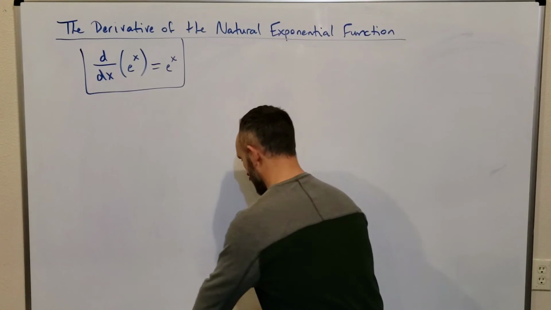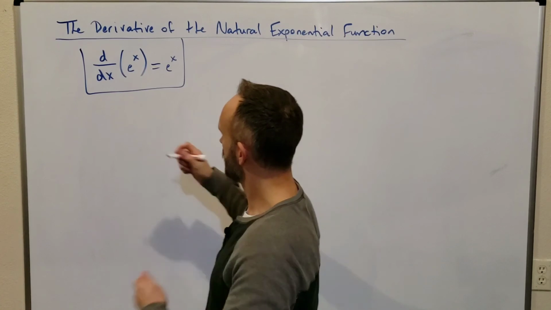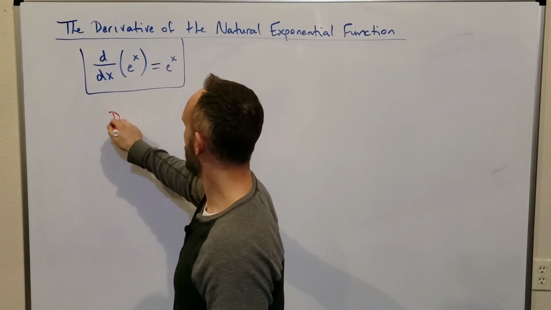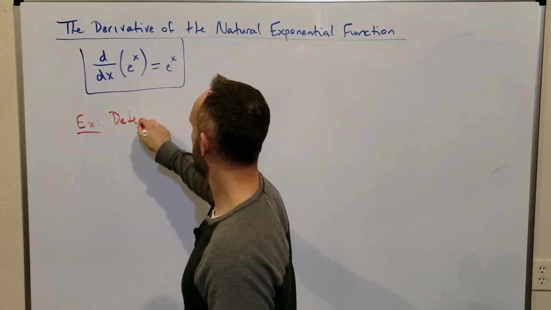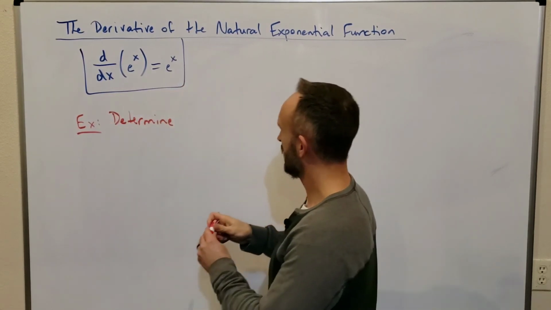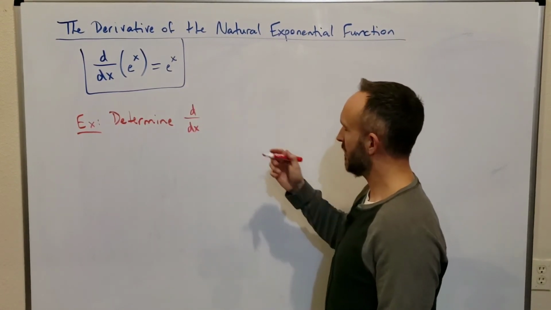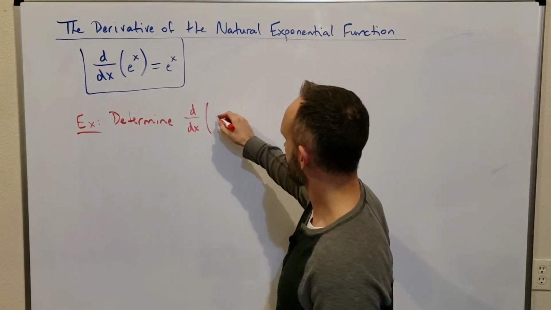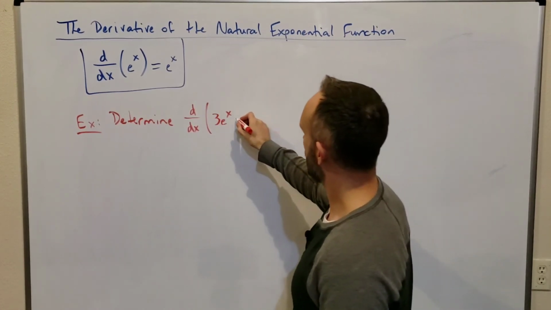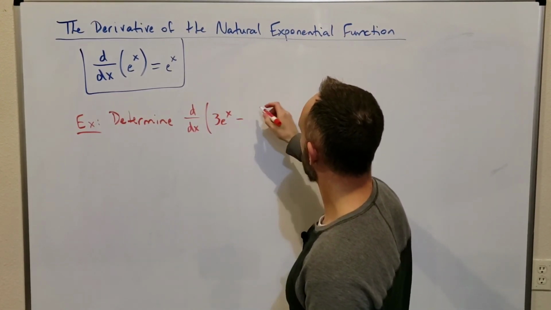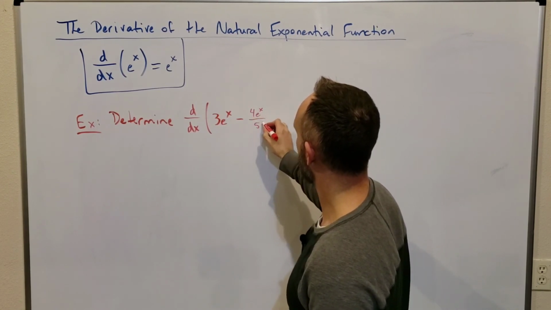Maybe we'll just do one, because this one's pretty basic. So let's determine, so we could call this an example if we want to, the derivative with respect to x of 3e to the x minus 4e to the x over 5.